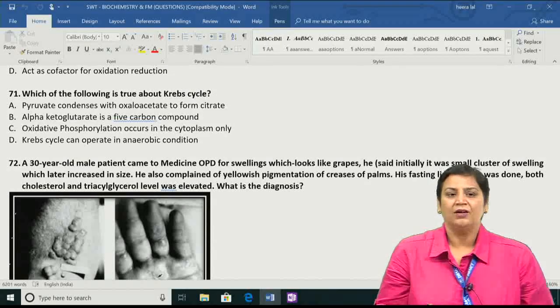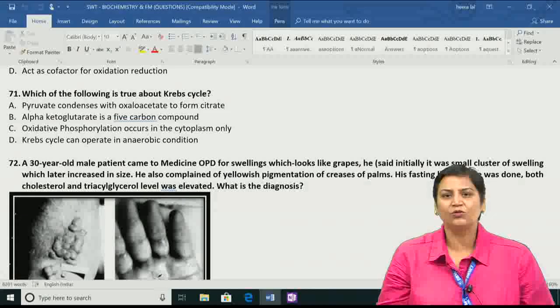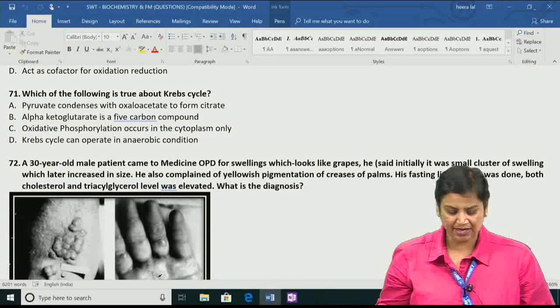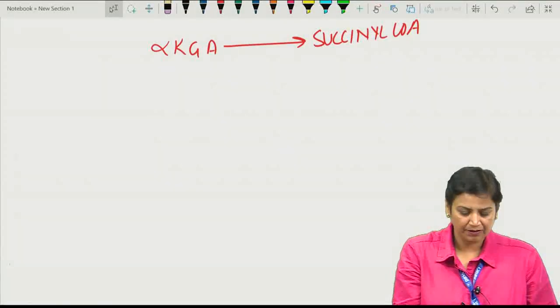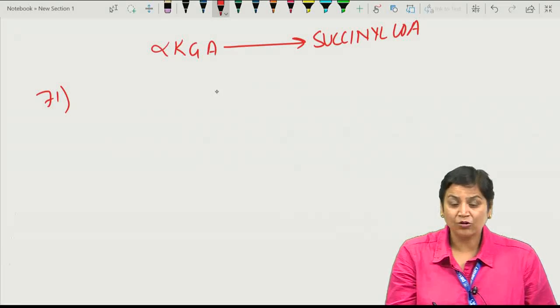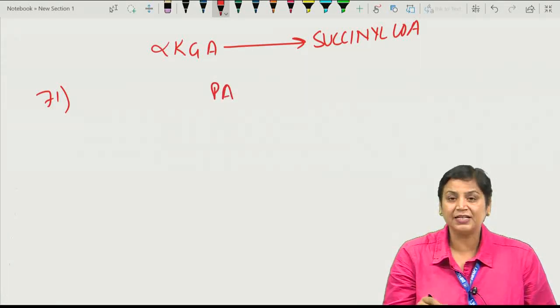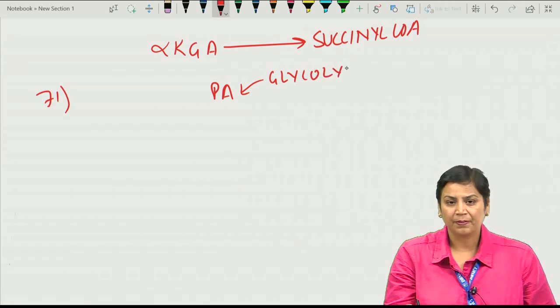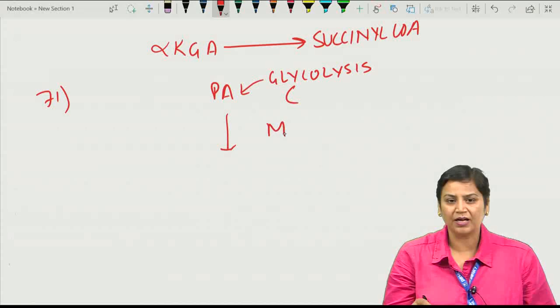Let's take the first option. Pyruvate condenses with oxaloacetate to form citrate. If we see the TCA cycle, pyruvic acid is the end product of glycolysis. It is coming from the cytoplasm, entering the mitochondria, where it forms acetyl-CoA.